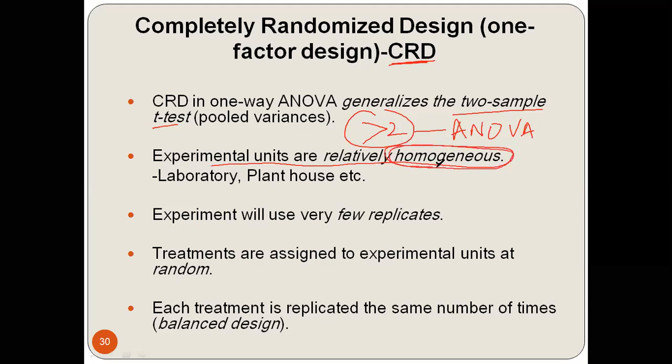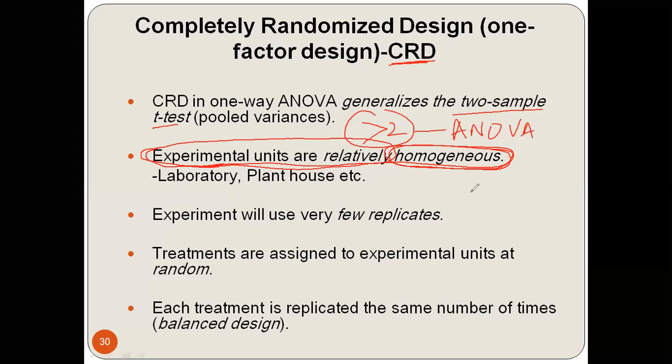What do you mean by homogeneous? If you take a class, it is not homogeneous. Why? You have male and female, 2 different genders. So it is not homogeneous. So when you do experiments for CRD design, we need to have uniform or homogeneous experimental units.